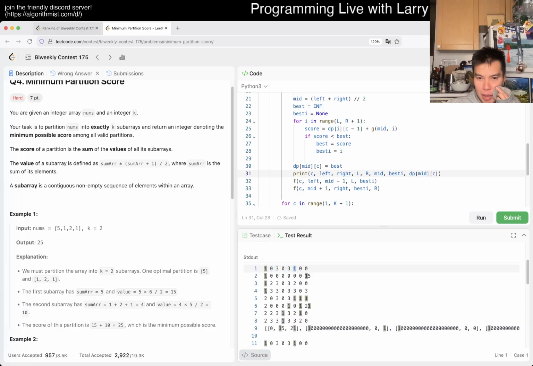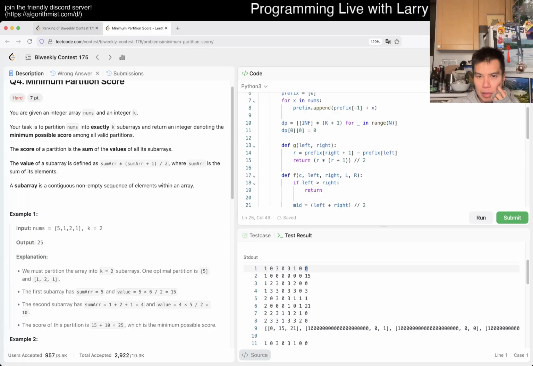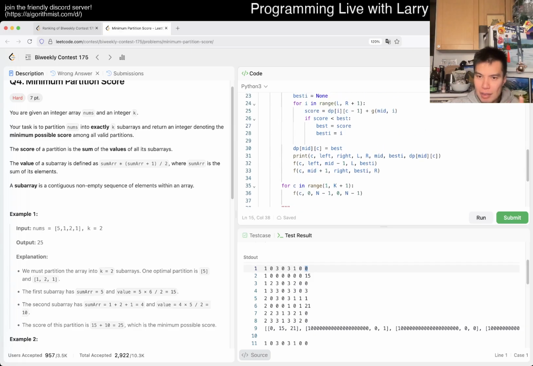Mid is 1, fine. This best index is 0, which is, well, it has to be, because everything else is infinity. It is 0, but this is the wrong part, right? The best part. This is 0 for when I is 0, but this is wrong. Is this wrong? What? What is going on?